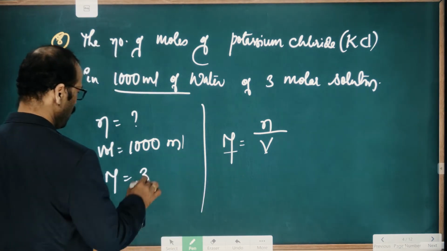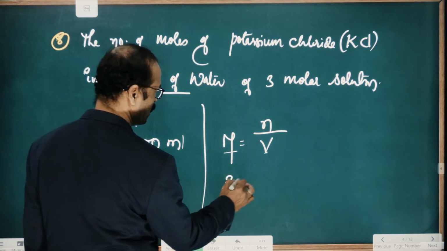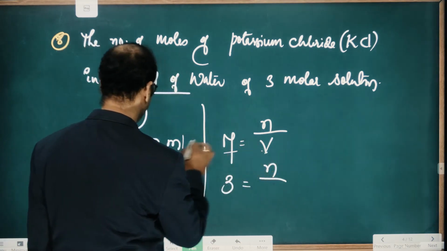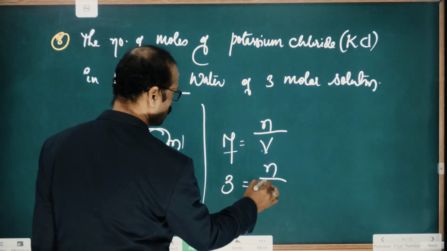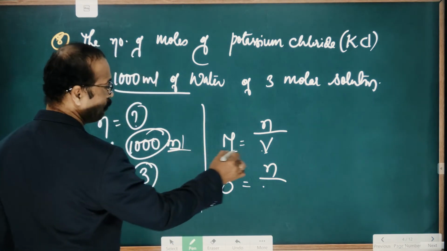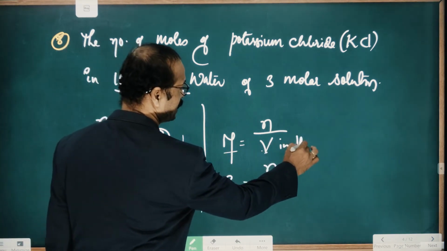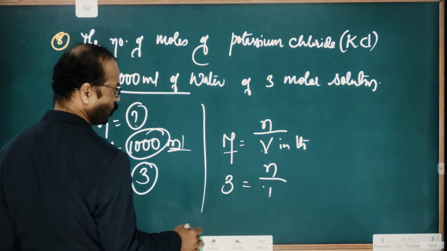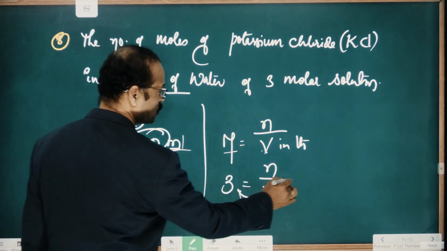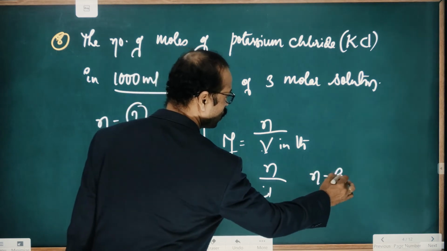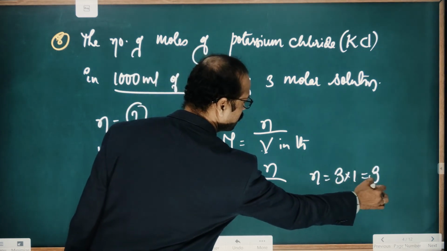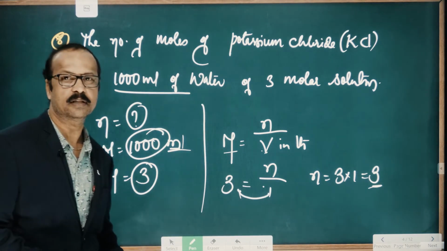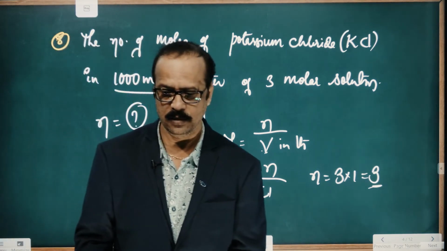So M is equal to 3, so write 3 here. N we don't know, so write N only, divided by volume, 1000 ml. But here it must be in liters, so 1000 ml is equal to 1 liter, so write 1 here. Now just crisscross, so N is equal to 3 into 1, so the answer is 3. The answer is the third option, so tick the 3.